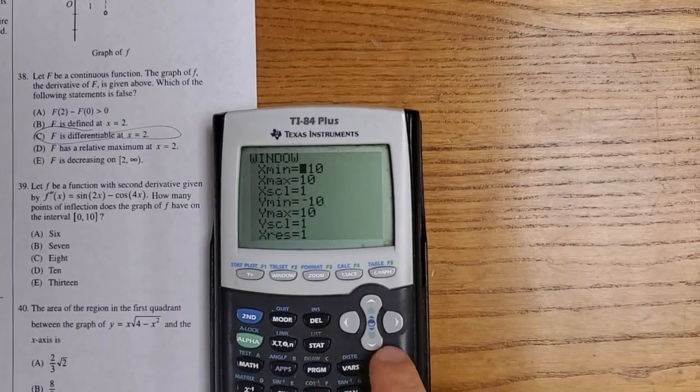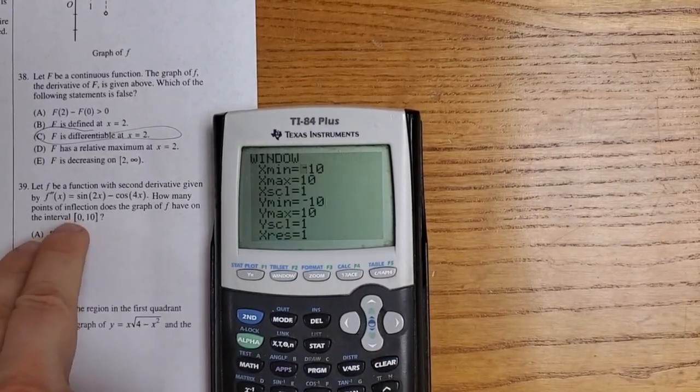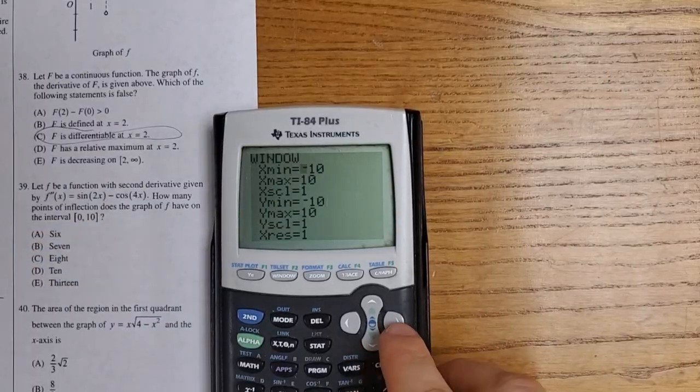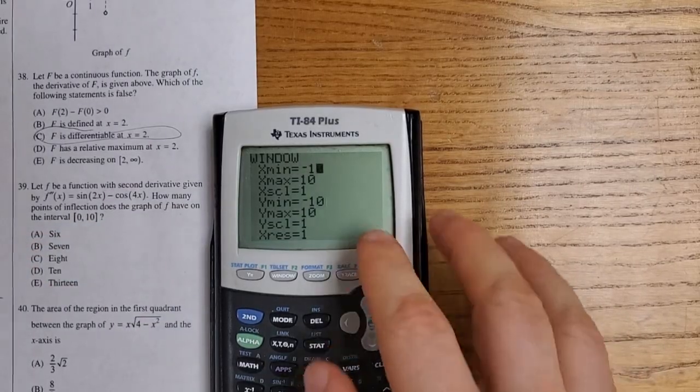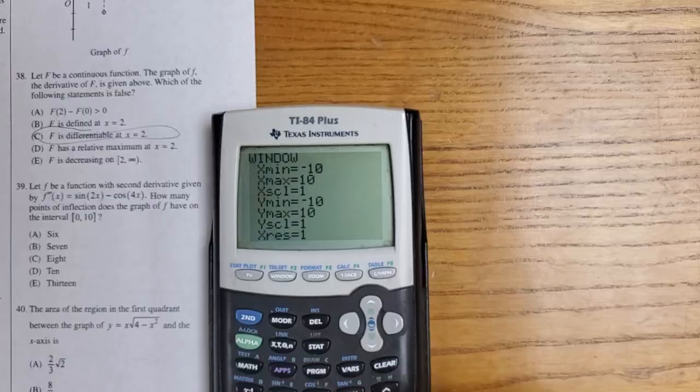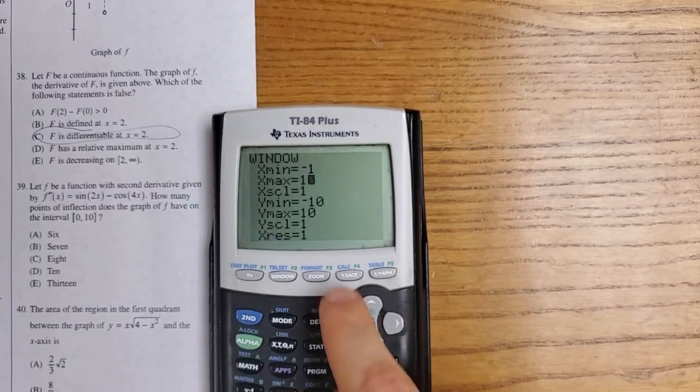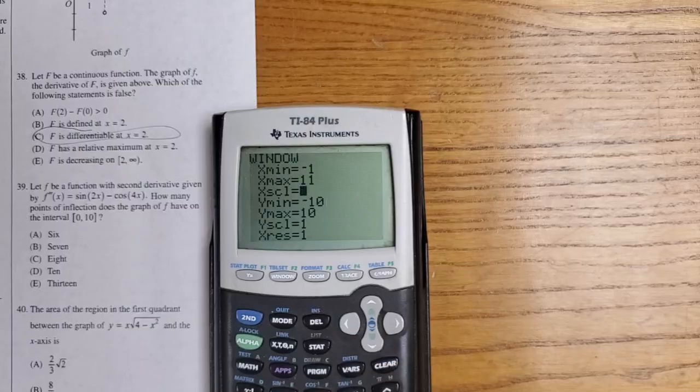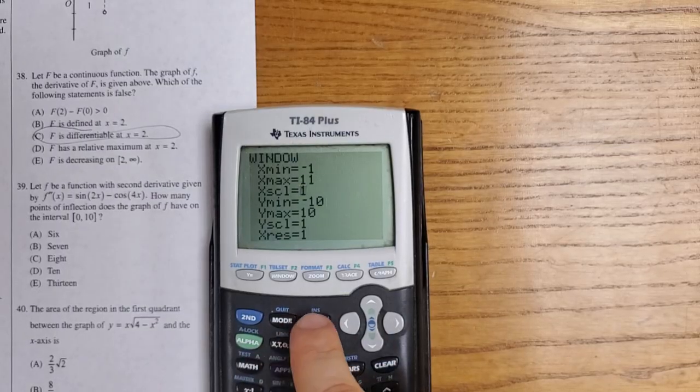Okay, actually the nicest way to do this, because we know we're only interested in 0 to 10, let's set the width of the screen to just beyond that. So we're going to manually set it from 1 to 11.